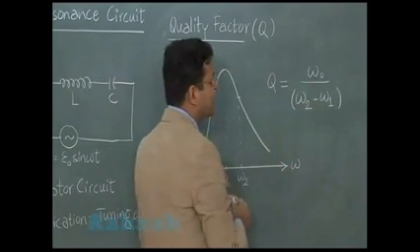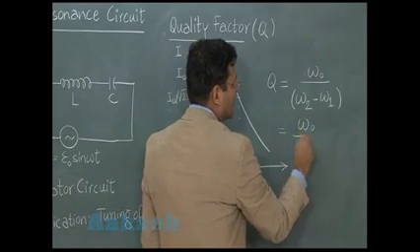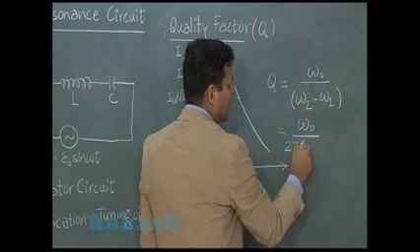If you feel like expressing, then you can write it as omega naught upon 2 pi (f2 minus f1).